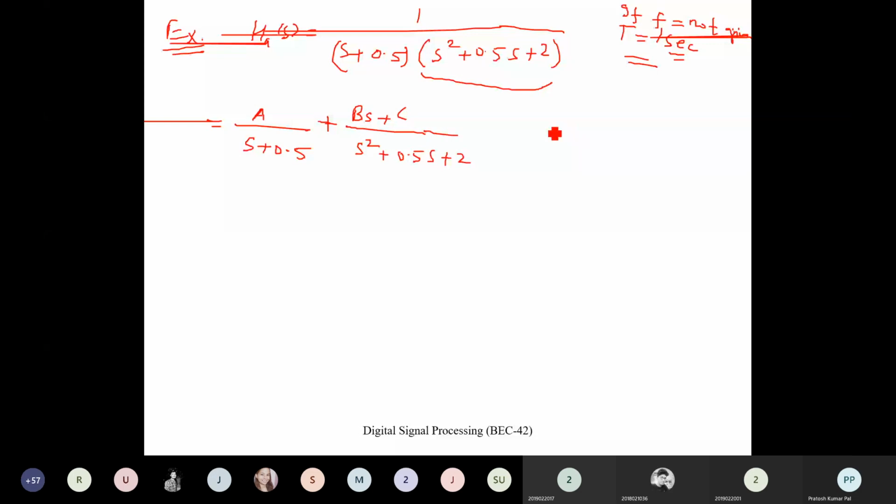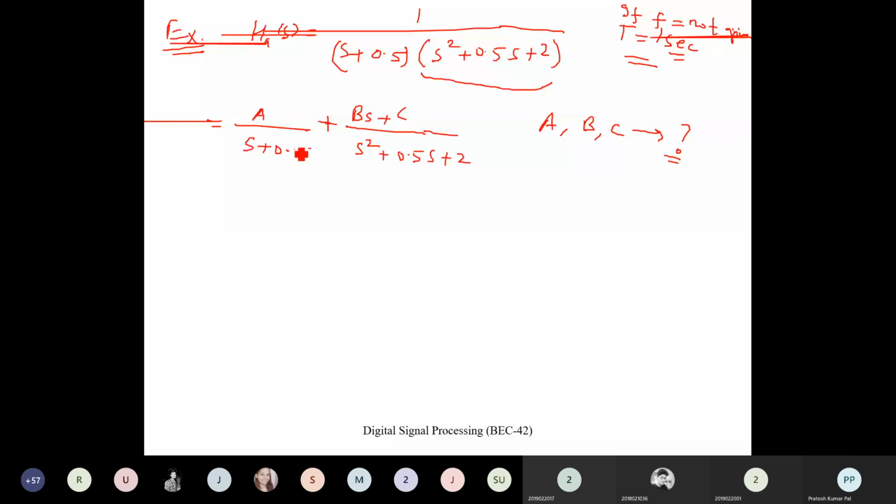So to find out the value of A, B, and C, the similar method we will be following. But before that, we can follow some other methods, whichever you are comfortable with.